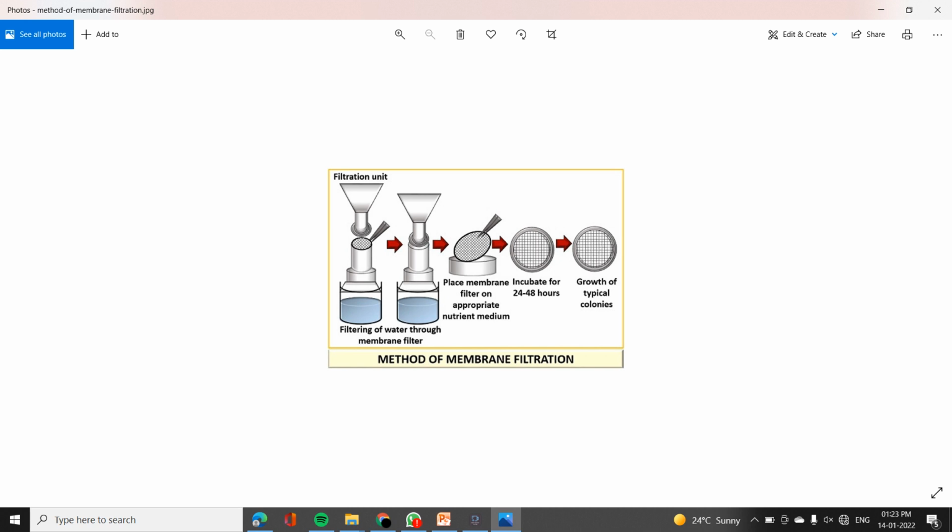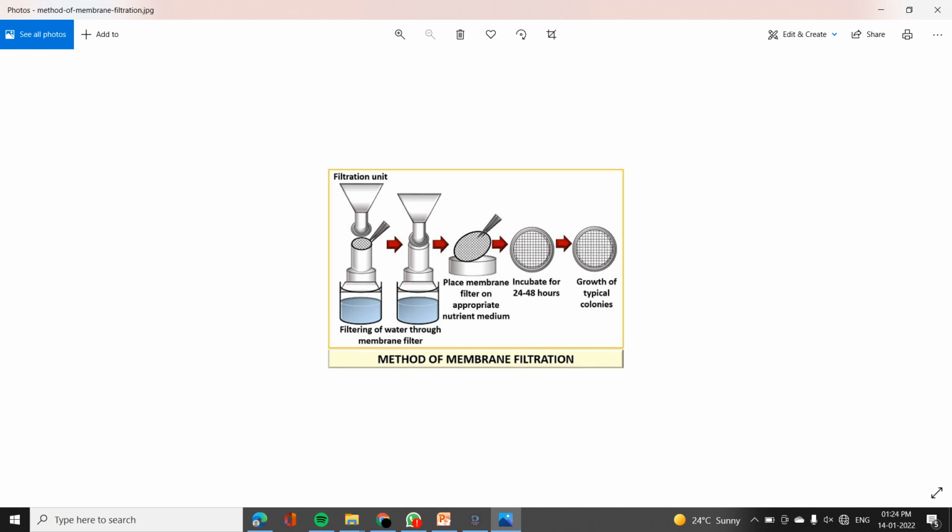During filtration we pass the solution from this mouth, it goes through this mesh, and the filtrate is collected. After filtration we separate these two metal joints, and then we get the membrane which has been used for filtration.